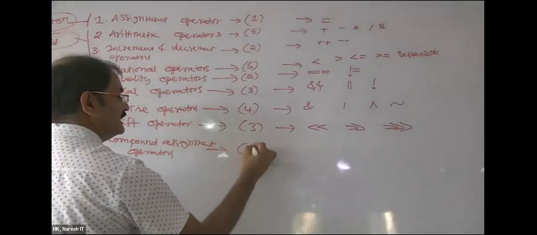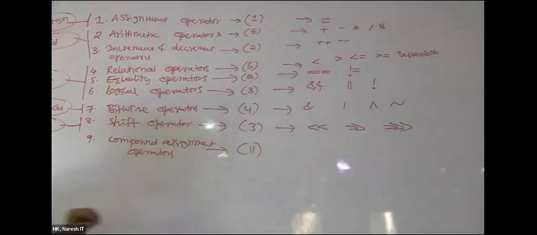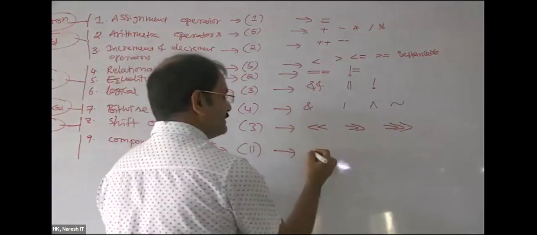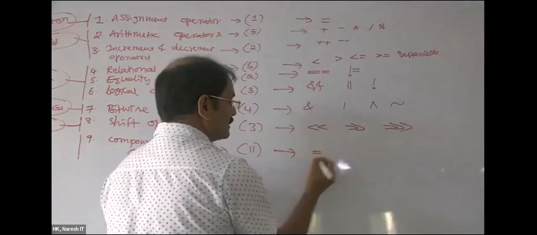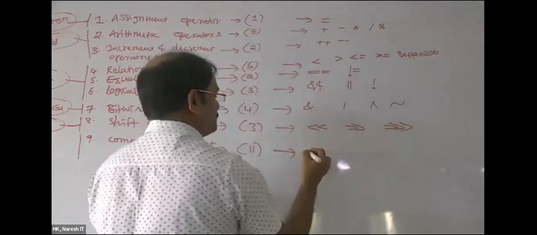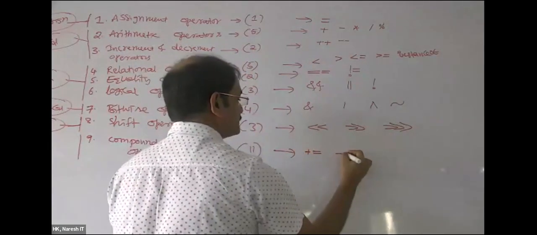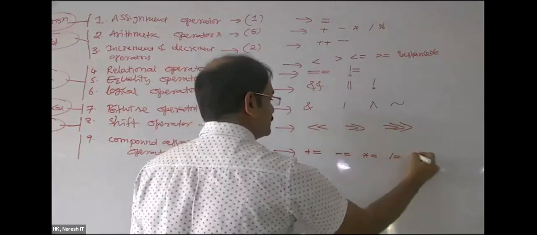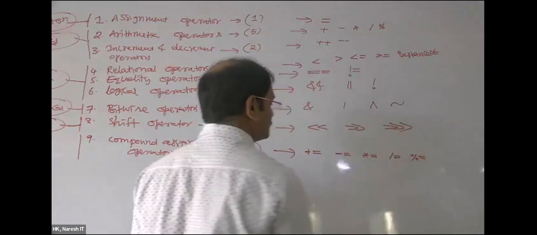How many are there? 11. Compound assignment operators do assignment, but observe what they do. Assignment means equal to. Compound means another operator. Plus equal to, minus equal to, into equal to, division equal to, modulo equal to.